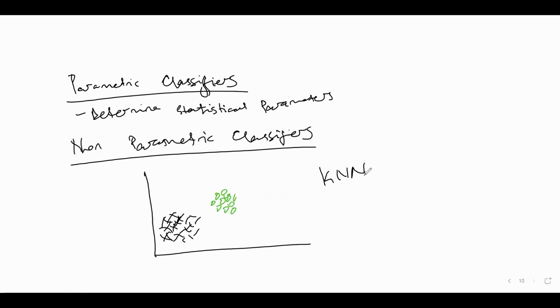What that one does, we have our point here, which we want to classify. It is going to calculate the distance to all the training data, and look at the k nearest neighbors, which is always odd. So if k is equal to 3, it will look at the 3 nearest neighbors, look at their class, and classify accordingly. So that's one of the classifiers.